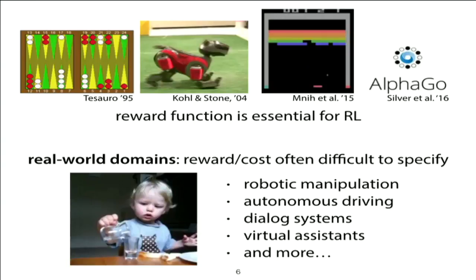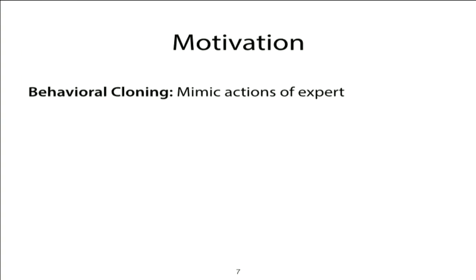And so one approach that we've seen earlier in this class to solving this problem is using behavioral cloning and using imitation learning. The key idea behind behavioral cloning is to mimic the actions of the expert. But one challenge that arises here is that if the agent isn't the same as the agent that's actually trying to perform the task, then the goal actually isn't to mimic the actions of the expert.